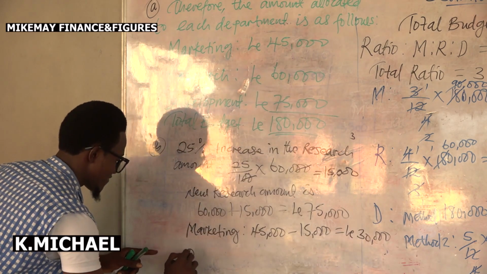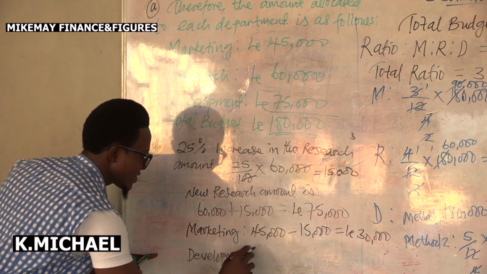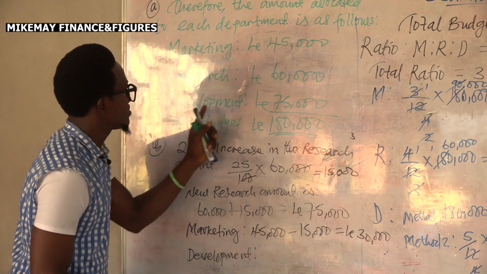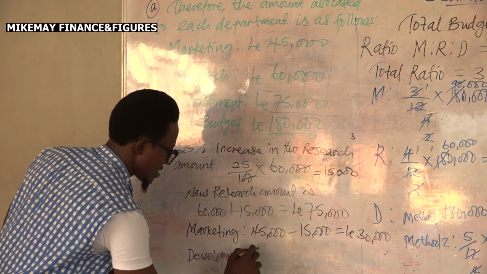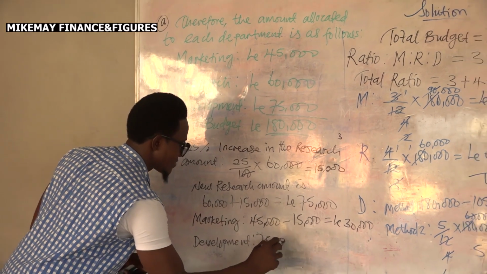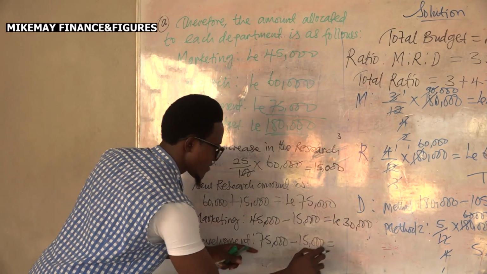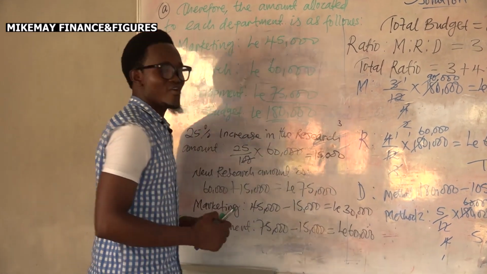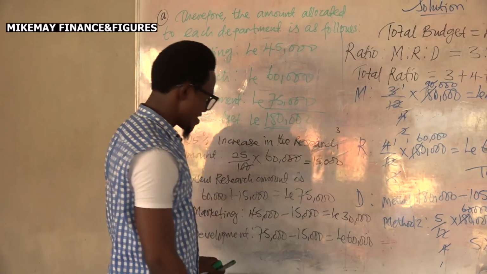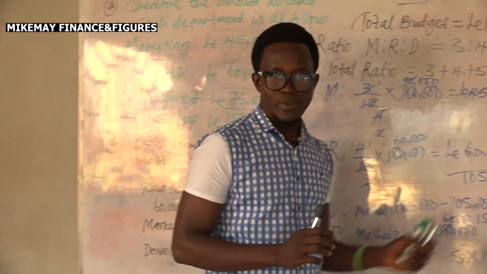Then for development, the same thing, we are reducing the 15,000 from 75,000. So 75,000 minus 15,000 should give us 60,000. So basically, this answers B, and it concludes the whole problem.